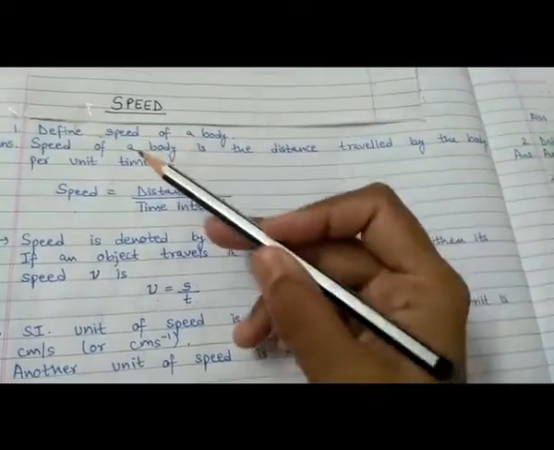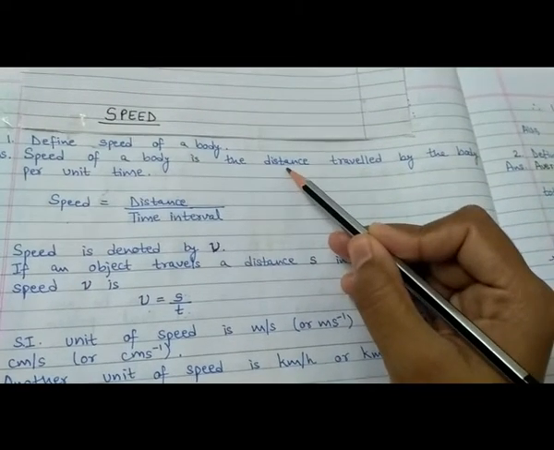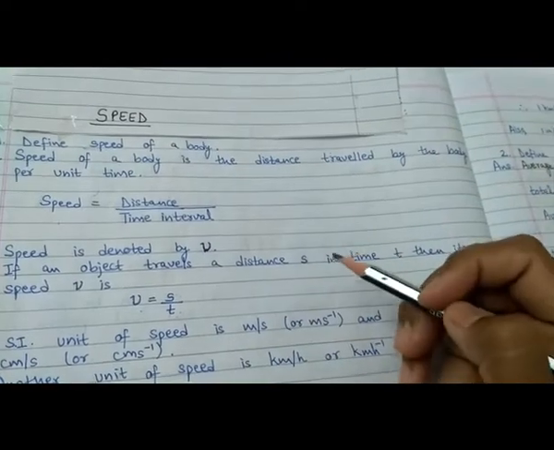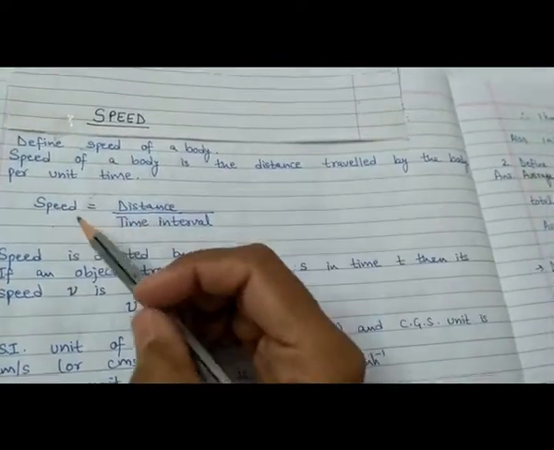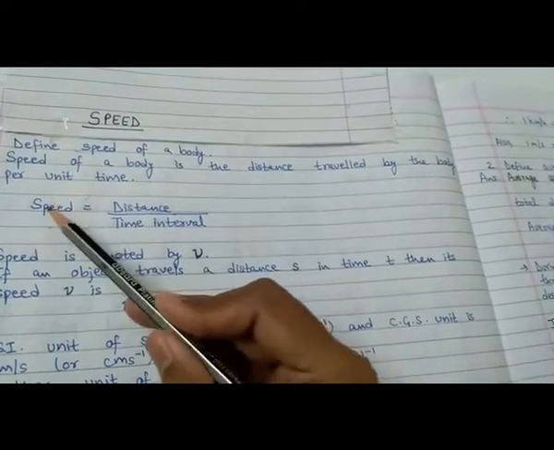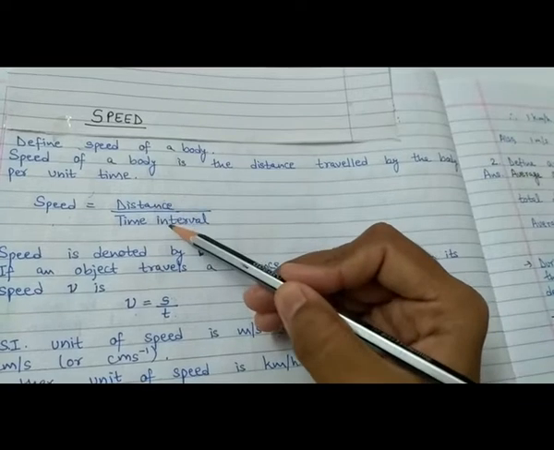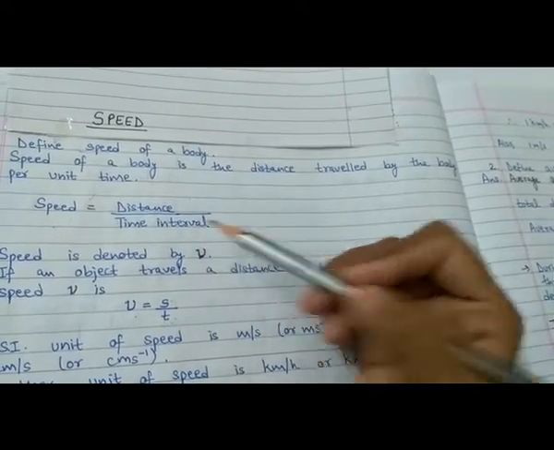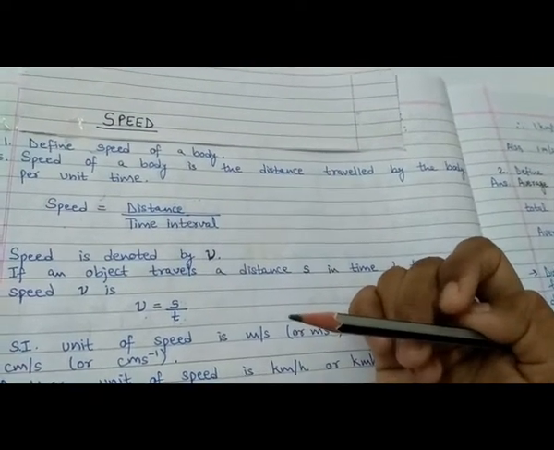It means that speed of a body is how much distance the body has traveled in 1 second of time. It can also be described as speed is the ratio of the distance and time interval, or distance upon time interval, or time taken by the body.